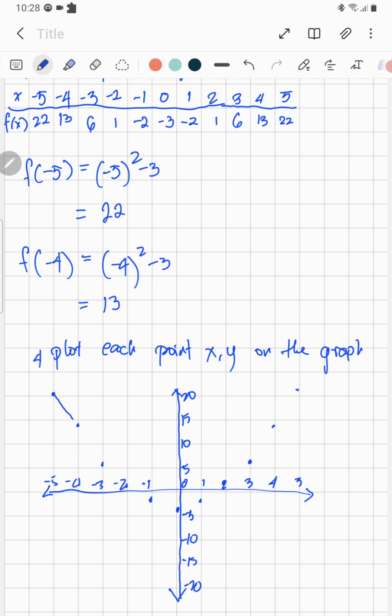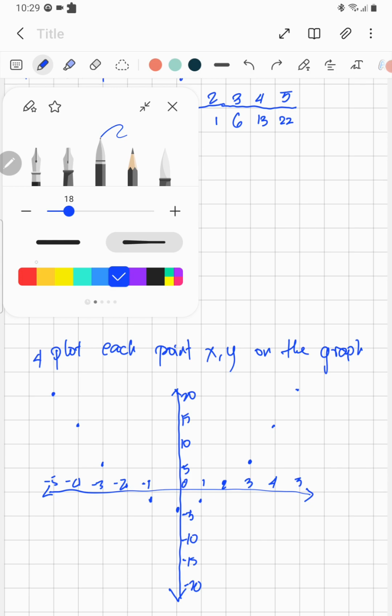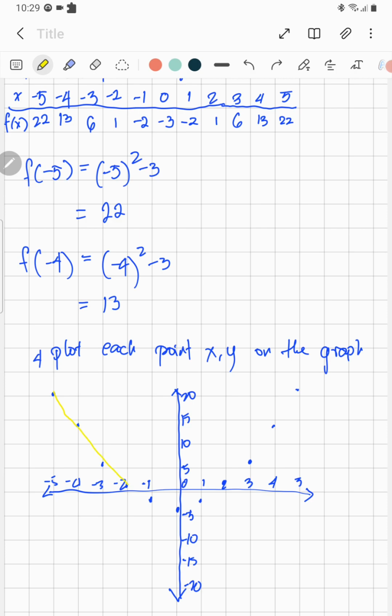So, for this step, we need to plot each point in a smooth curve. So, magiging ganito ang itsura. Let's use a different color. Let's try blue, or violet, or yellow na lang. Ganitong magiging itsura nung graph natin. Okay? What do you call this one? I think this one is called a parabola. Okay.